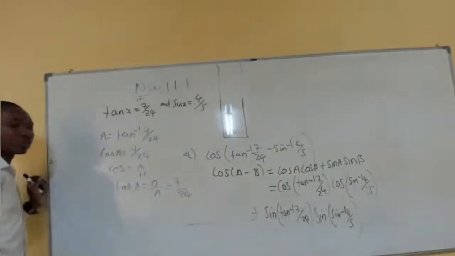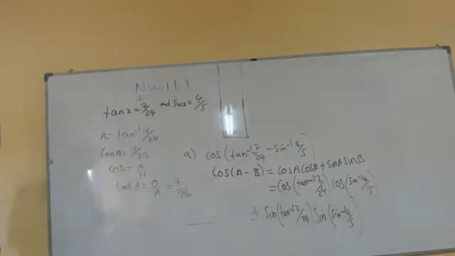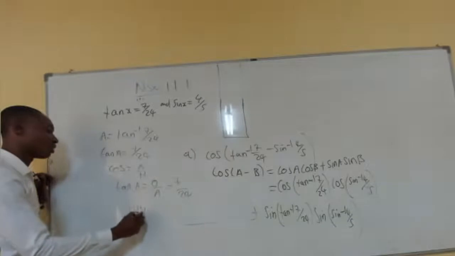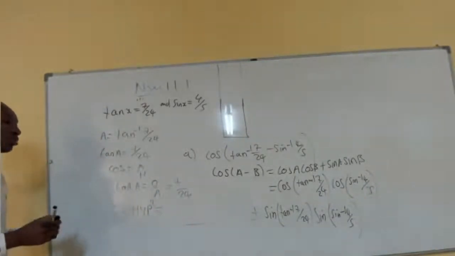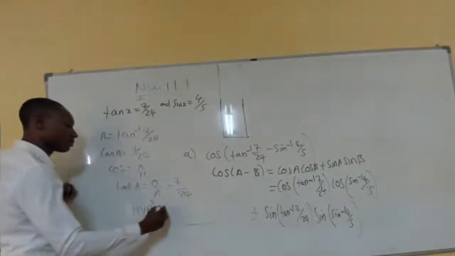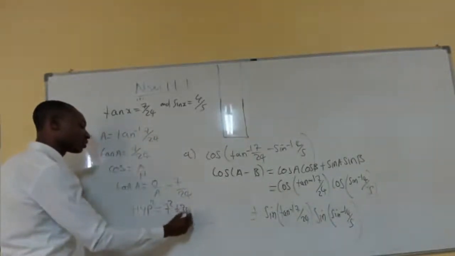Basically speaking, you have the opposite as 7 and the adjacent as 24. So what is the hypotenuse in that case? The hypotenuse squared is equal to 7 squared plus 24 squared.